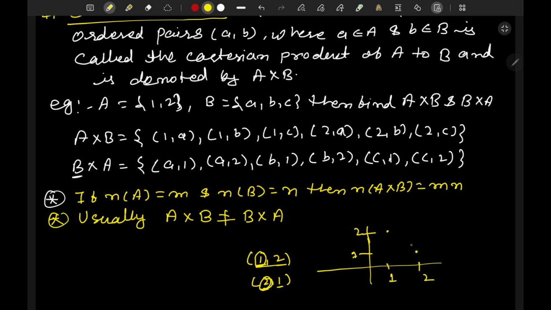So A cross B is not equal to B cross A. When are they equal? When A equals {1, 2} and B equals {1, 2}, then both give (1, 1), (1, 2), (2, 1), (2, 2), and they are equal.